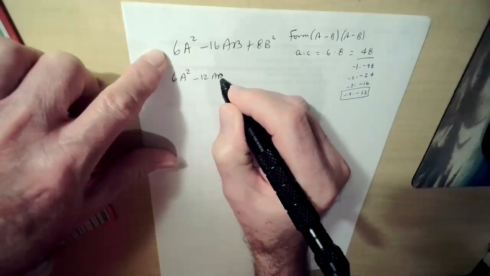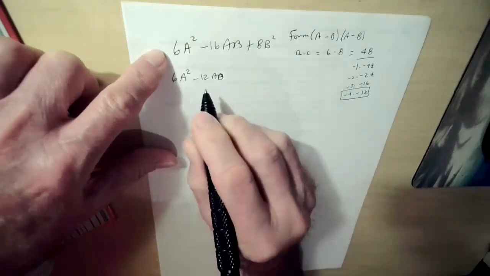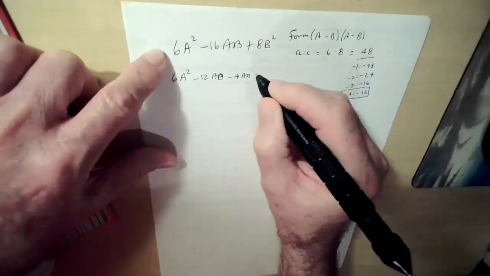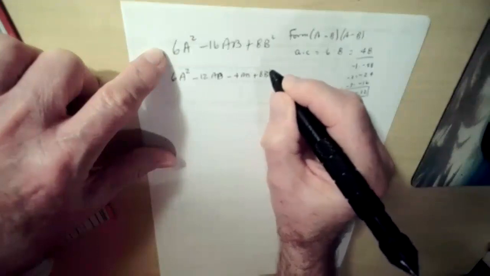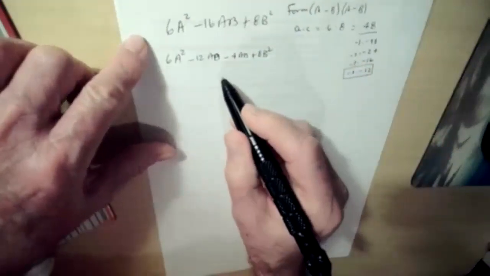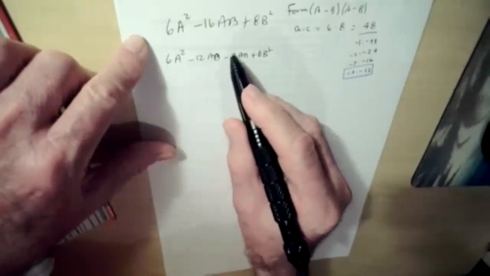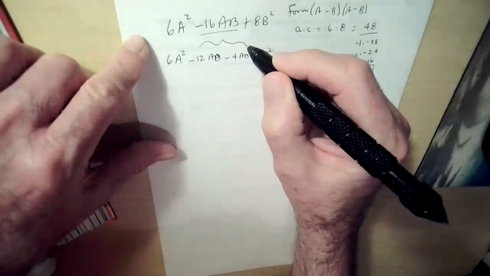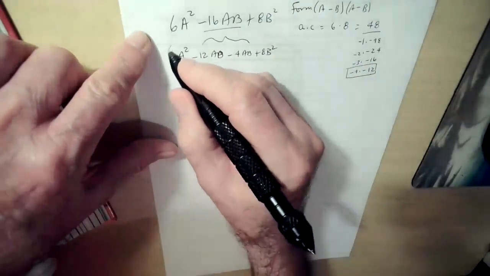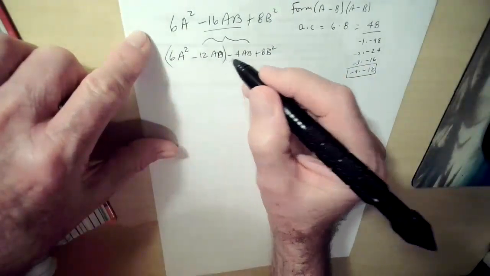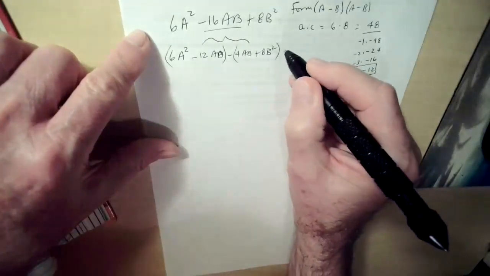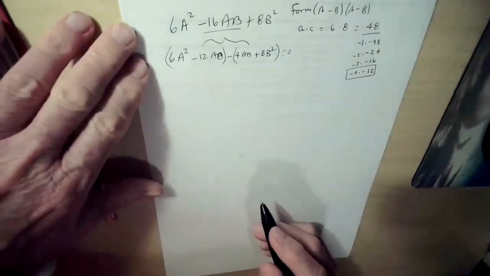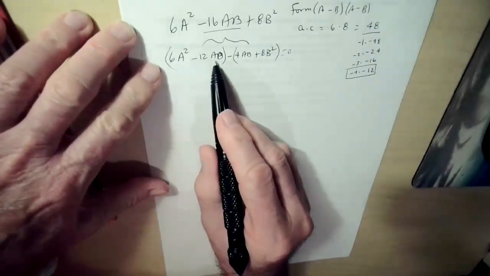We have 6a squared minus 12ab minus 4ab plus 8b squared. Again, these two terms are nothing more than this split up. Now we're going to group them together. Here and here, here and here equals 0.